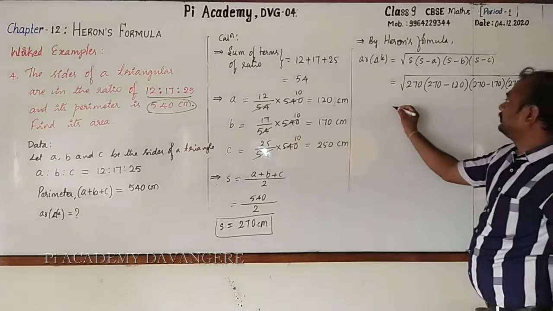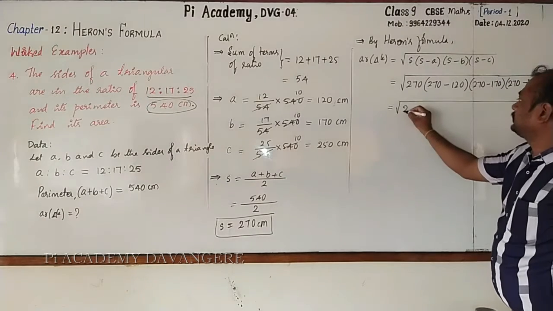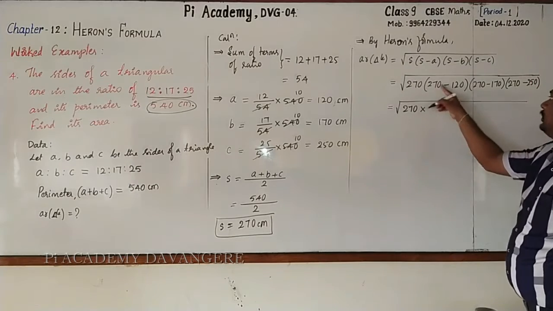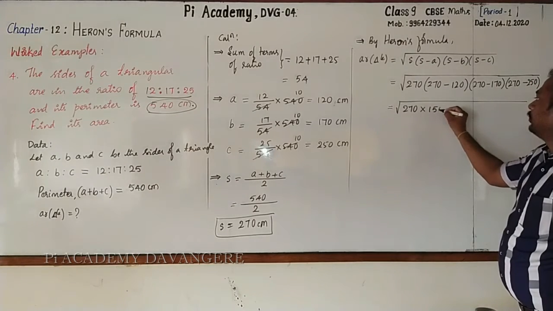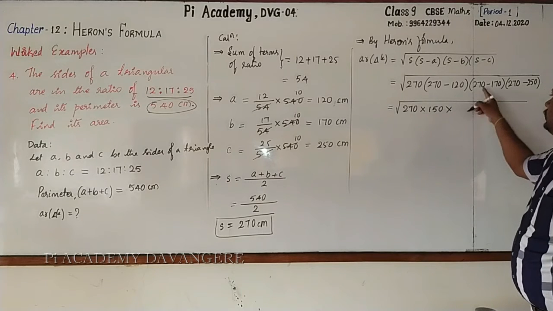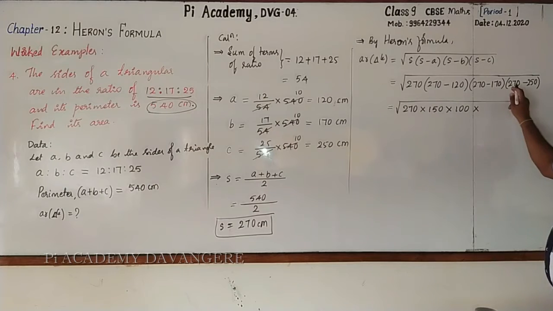Followed? Now this is equal to square root of 270 into 150 into 100 into 20.